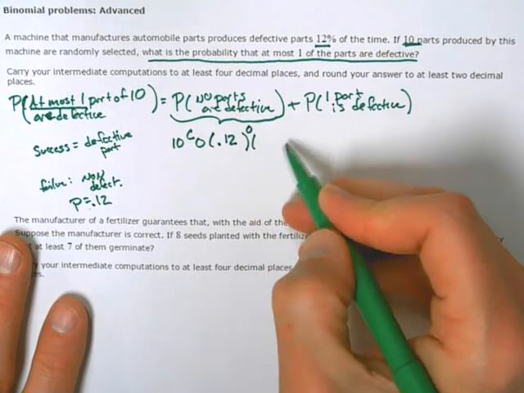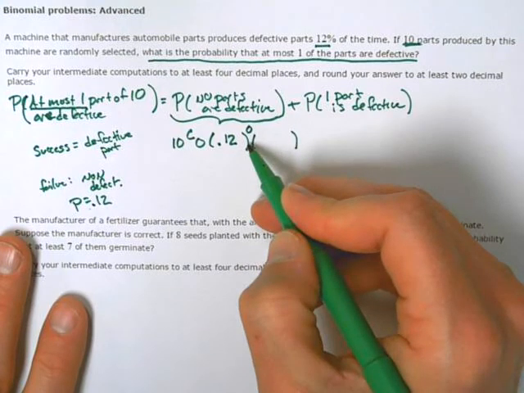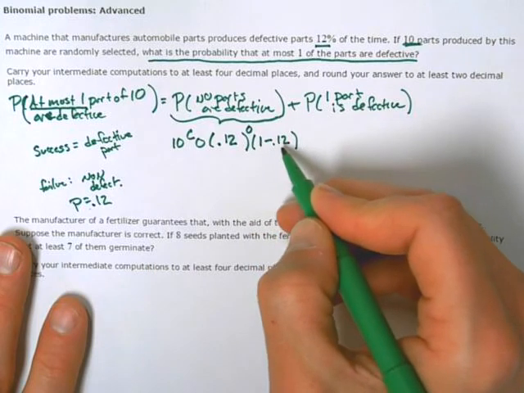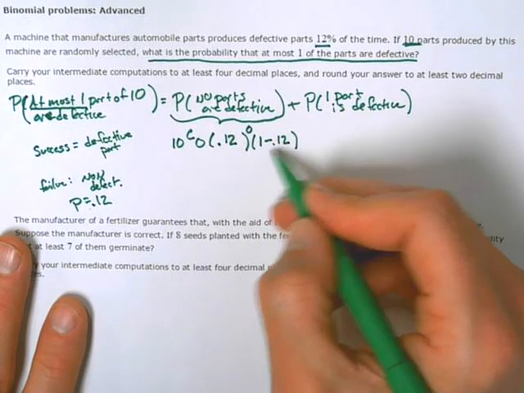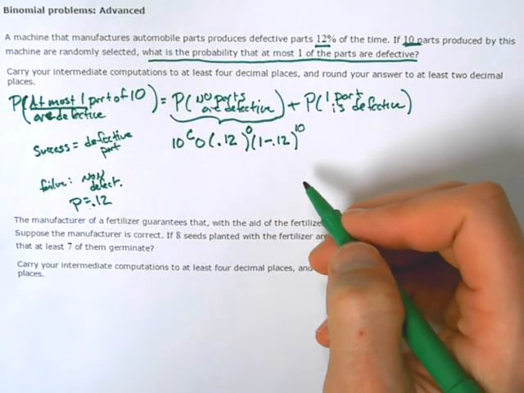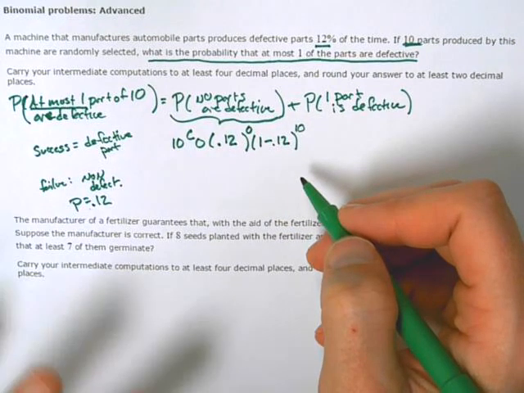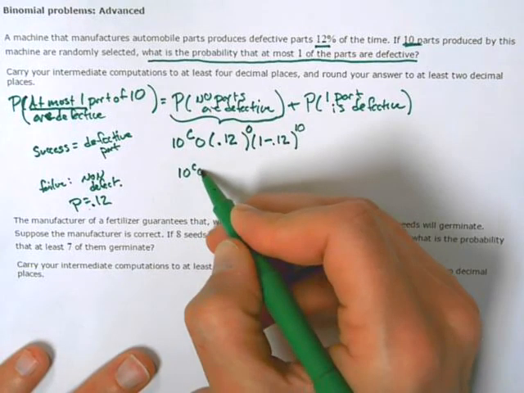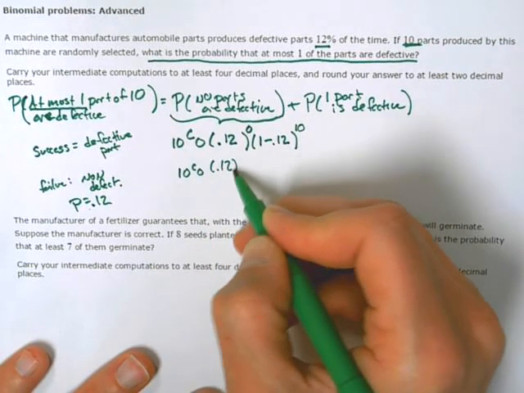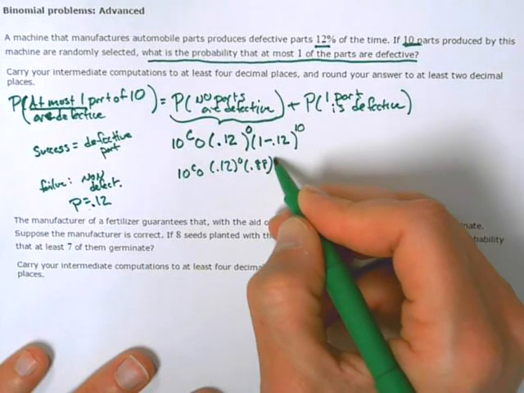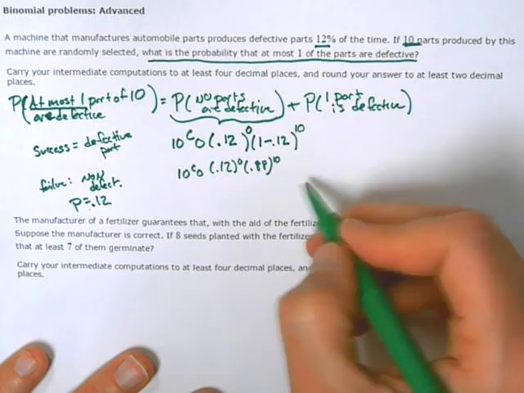And then we have to do 1 minus 0.12. That's the probability of failure, which is really a non-defective part. And we're going to have all 10 of the parts be non-defective. So in other words, 10 choose 0, and then 0.12 to the 0, and then 1 minus that is 0.88 to the 10. That's the first part.